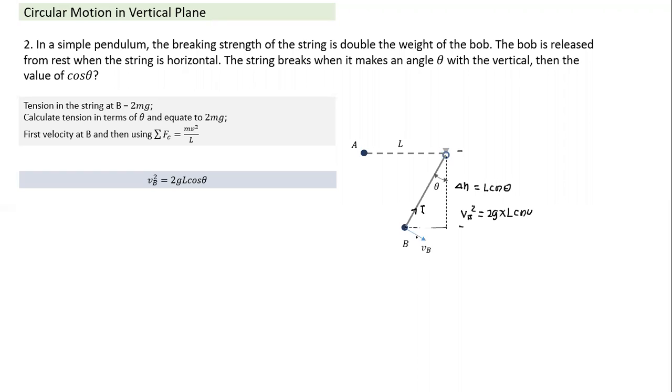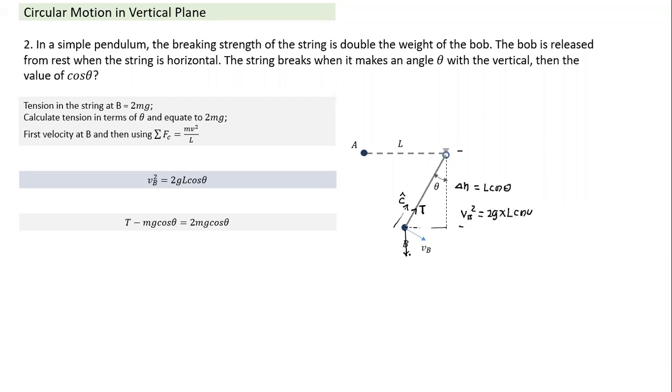Once we know the velocity at a particular point, using this property of circular motion, we can use this equation to find tension at this point B. So let's write this equation. What would be the condition here? This would be the centripetal direction at B. If this is the centripetal direction, T is one force acting, the other force acting is mg.